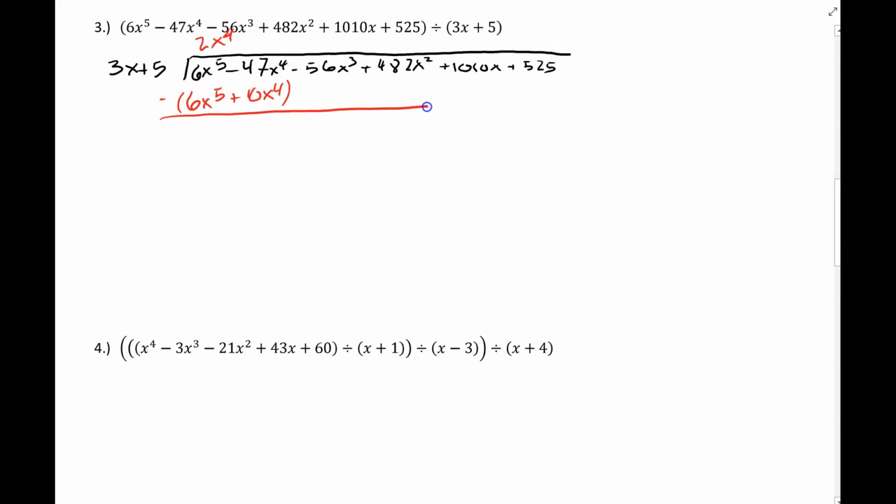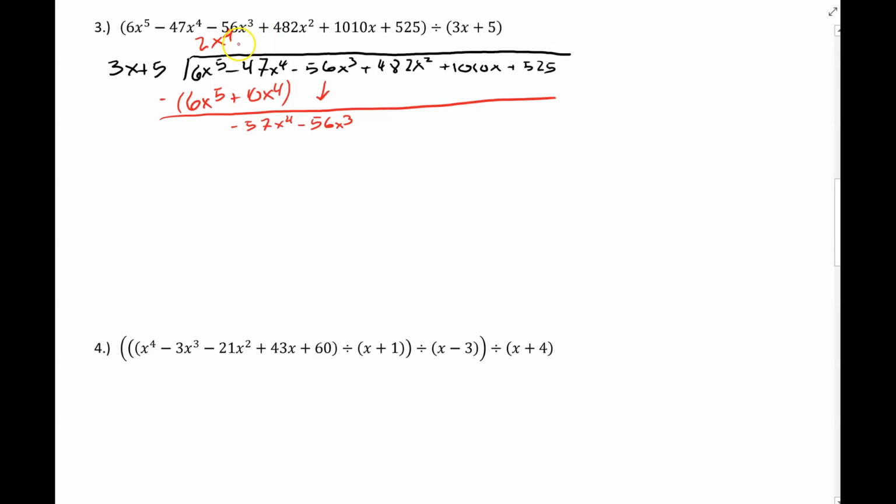And then we're going to subtract that down. So 6x to the 5th minus 6x to the 5th is 0. Negative 47x to the 4th minus 10x to the 4th is negative 57x to the 4th. And then we'll bring down that next term. And I ask myself, okay, what times 3x gives me negative 57x to the 4th?